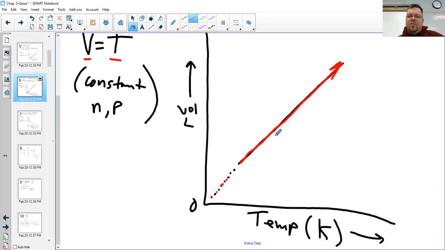As gases decrease in temperature, eventually their volume decreases to a point, and then gases will start to transition from a gas to a liquid. So when you reach extremely cold temperatures, gases will transition their physical state from a gas to a liquid.